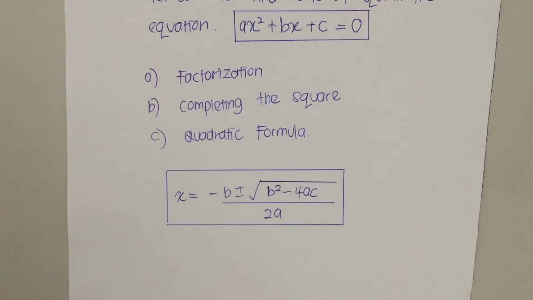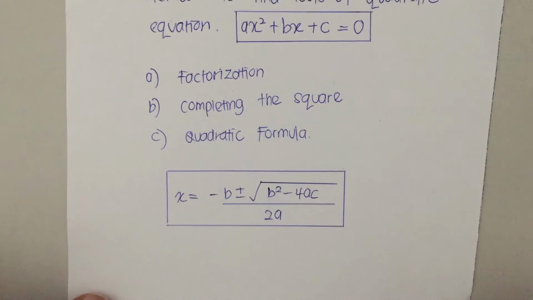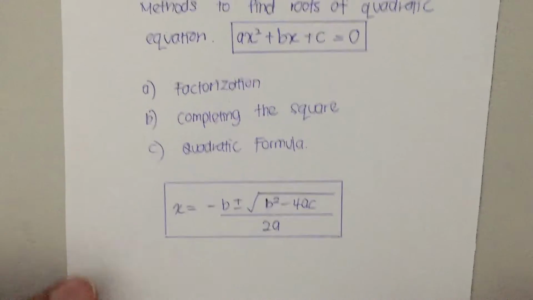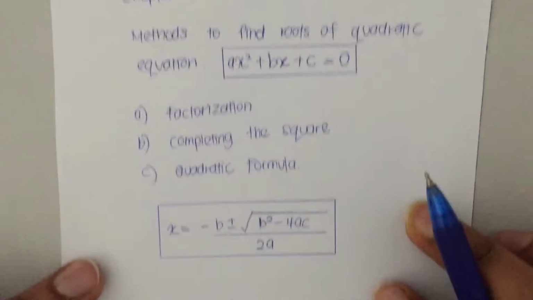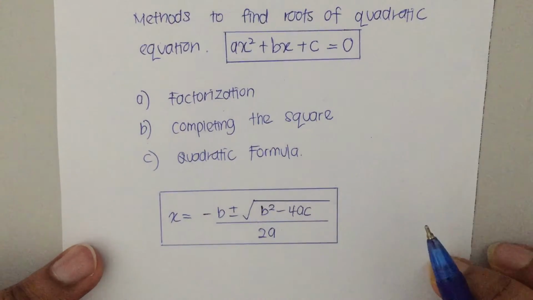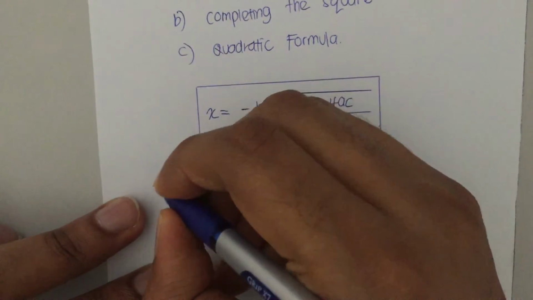Let me show you one example regarding the completing the square method, which means that the quadratic equation you have, we're going to use the completing the square method in order to get the roots. Let me write here example 1.